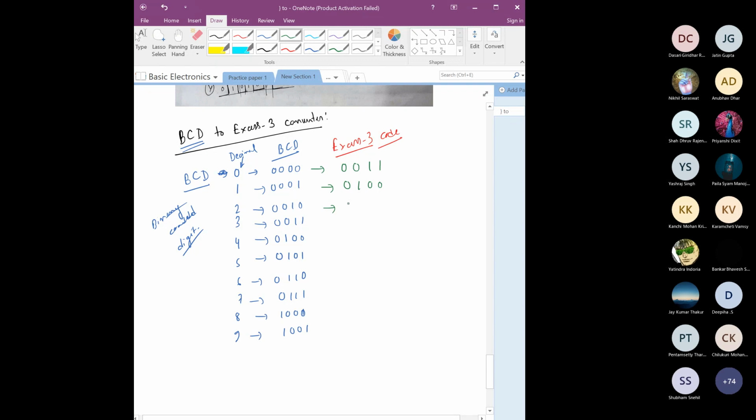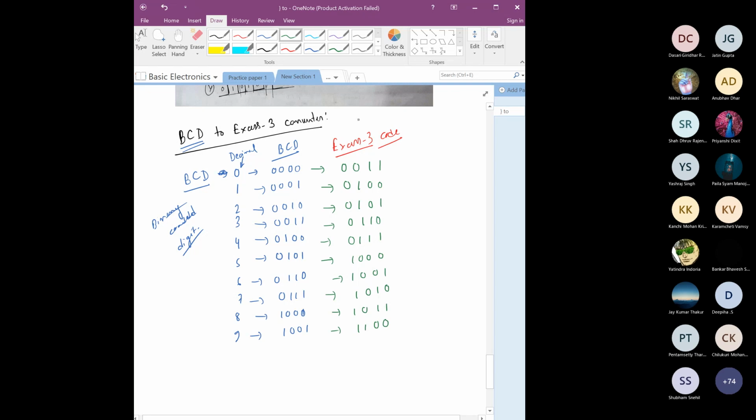Then 2 will become 5, right? Then 3 means it is 6. 4 means it is basically 7. Right? So these are the XS3.